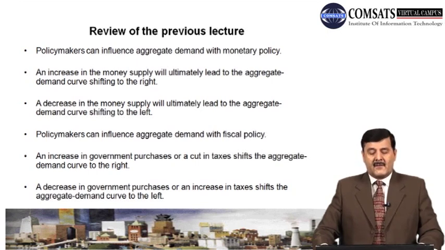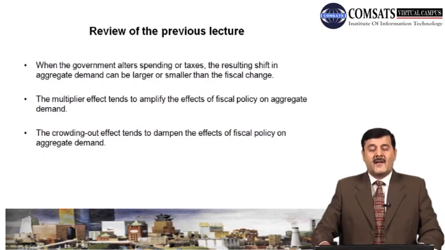A decrease in government purchases or an increase in taxes shifts the aggregate demand curve to the left. When the government alters spending, the resulting shift in the aggregate demand curve can be larger or smaller than the fiscal change, right? So it can be less or more.